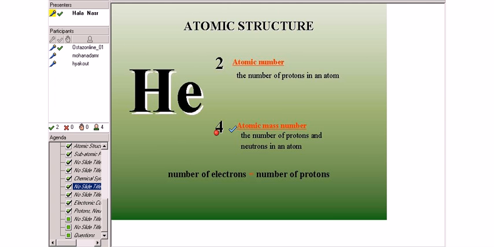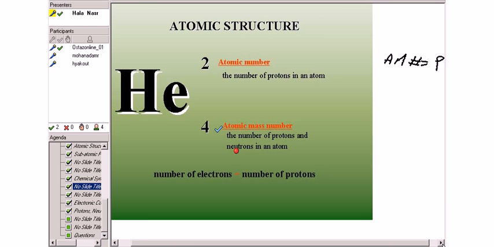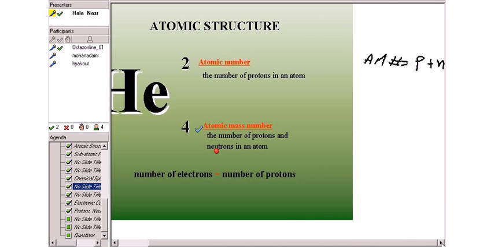However, the bigger number is the atomic mass number, and it's equal to the number of protons and the number of neutrons. So I'll do it aside in here. When I write down, I try to analyze this helium. I say that helium has atomic mass number equals the protons plus the neutrons.